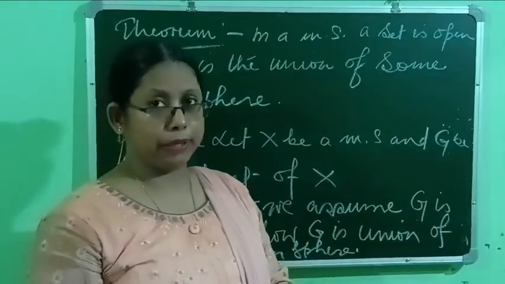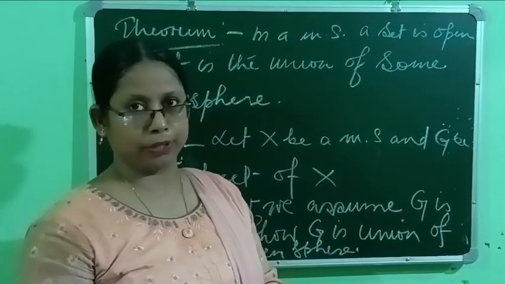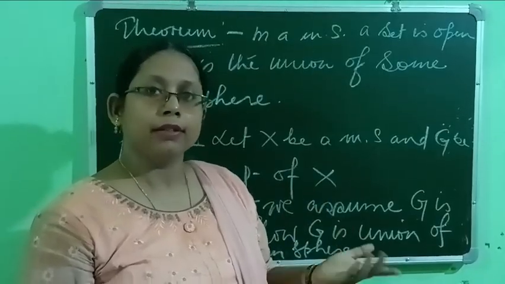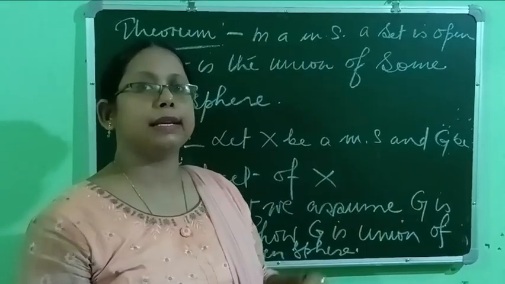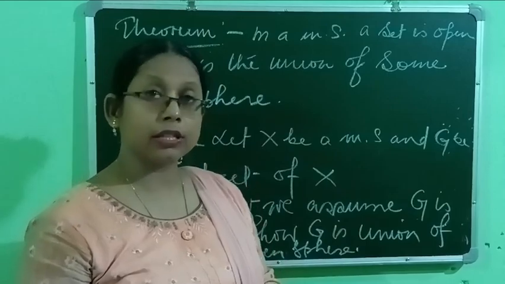As G is open, there arise two cases, either G is empty or G is non-empty. If G is empty, then we have nothing to prove. G is a union of the empty class of open spheres.